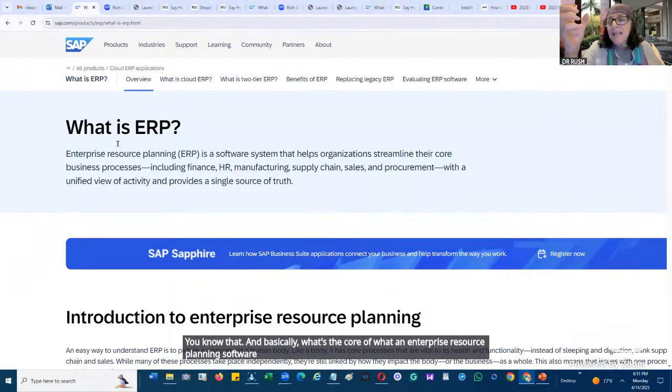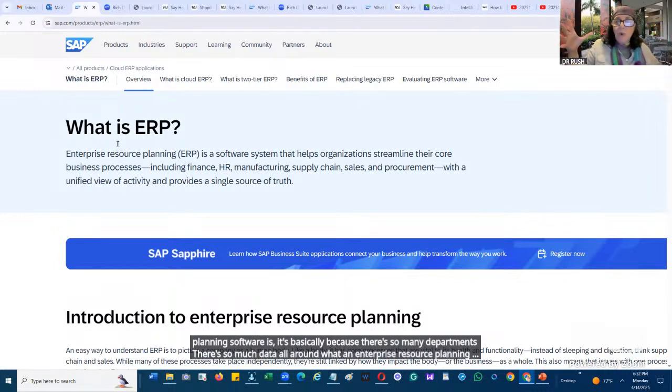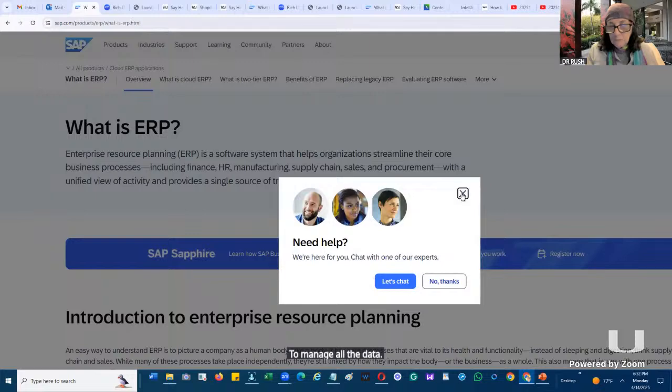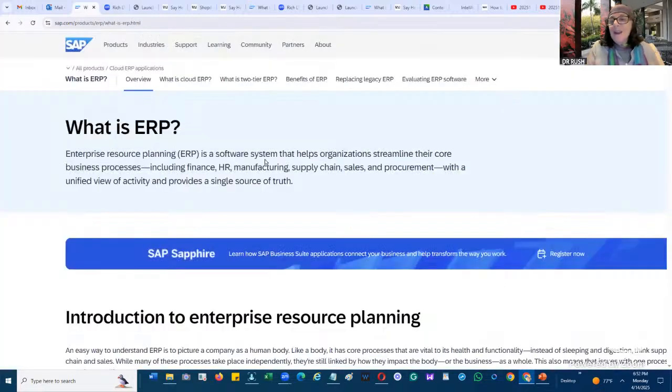It's basically because there are so many departments, there's so much data all around. What an enterprise resource planning says is, let's get this organization together to manage all the data. So it's going to have many different modules, and an organization can choose what modules it wants.